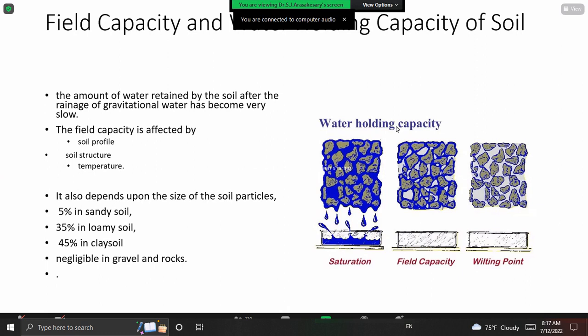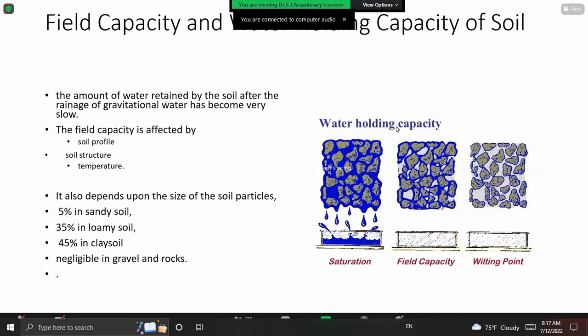So this particular field capacity is affected by soil profile, soil structure and temperature. See this example, in sandy soil, the pores are wide. There is no water that can be held.